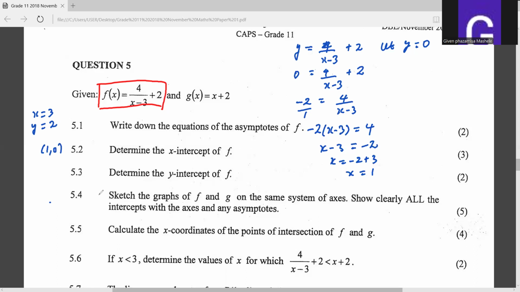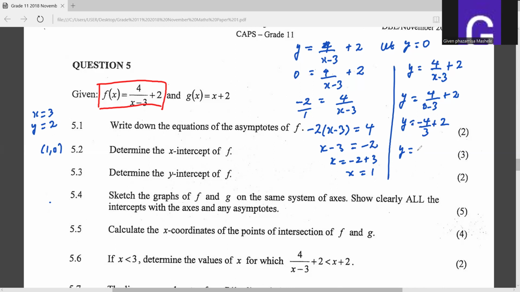Then the other one is the y-intercept. For the y-intercept we let x be 0. So in our equation, we have 4 over x minus 3 plus 2. Where there is x, we substitute 0. Obviously, this will give us minus 4 over 3 plus 2. If we work this out, minus 4 plus 6 over 2, then this will still give us 1.